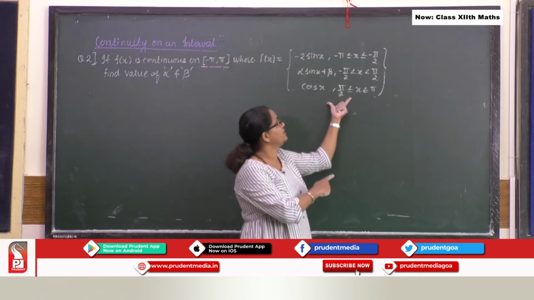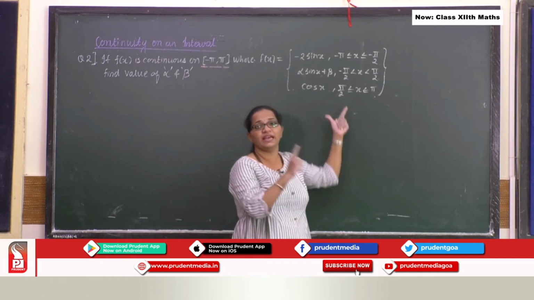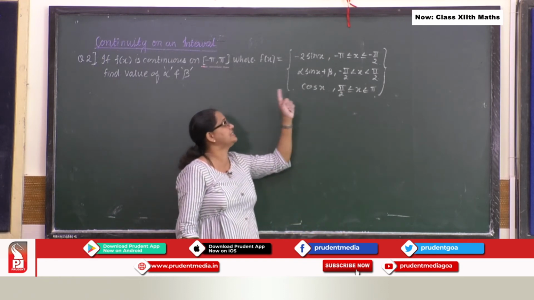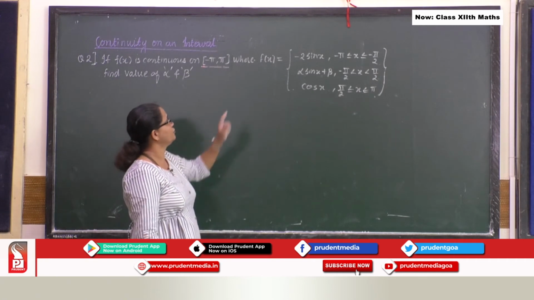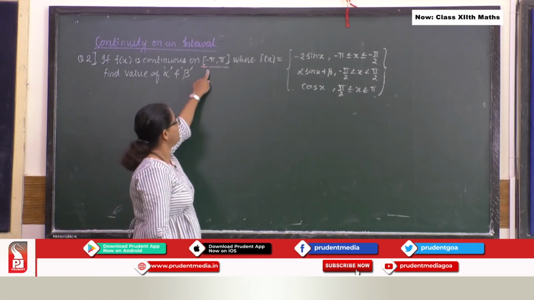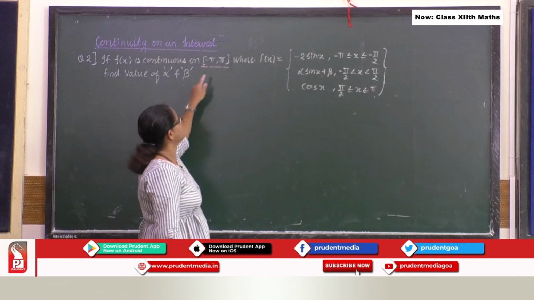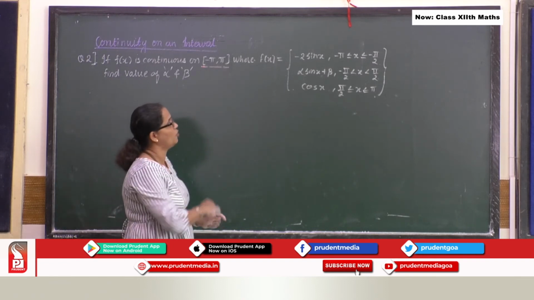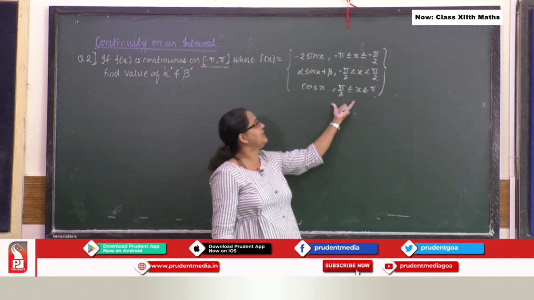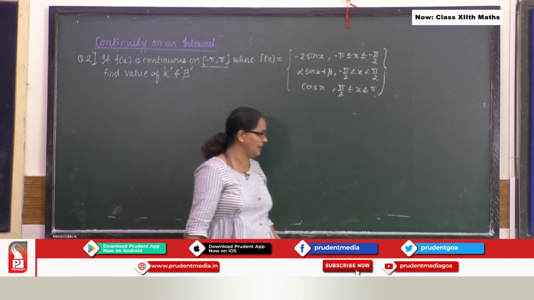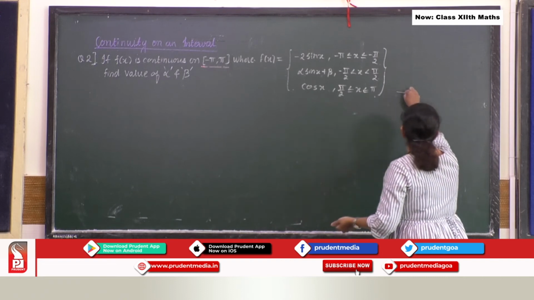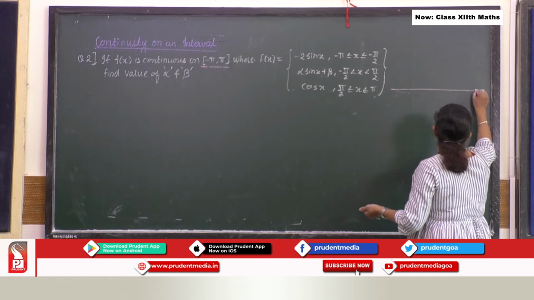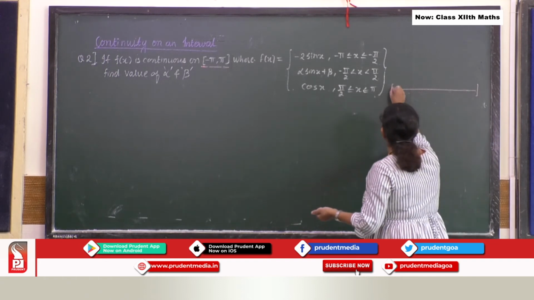It is of the second kind, or second case. We will analyze this function and find out which points I will consider as my critical points, and I will discuss continuity here.